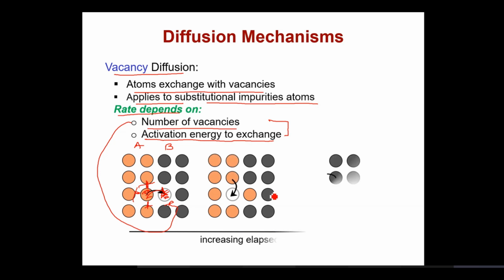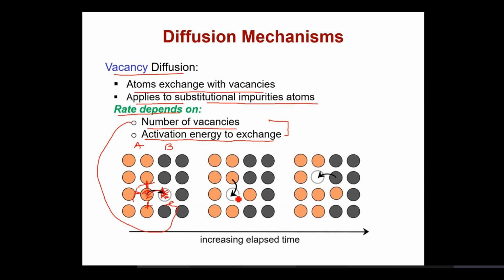Similarly, as time elapses, this atom has moved into this new position, and a vacancy was created over here. So this jump took place, and then with the passage of time, there was a vacancy over here due to the previous jump, and an atom jumps into a new position. This is how the diffusion process continues, that A is moving into B and B is moving into A. But again, the rate depends upon the number of vacancies and the activation energy for the diffusion to take place.